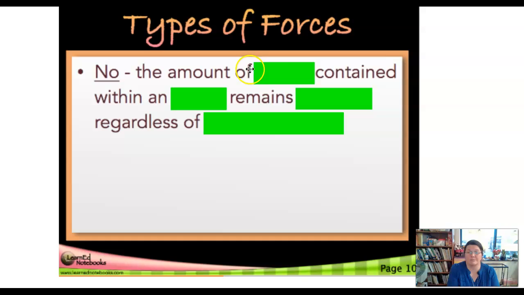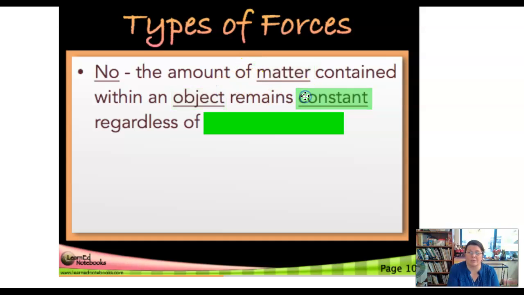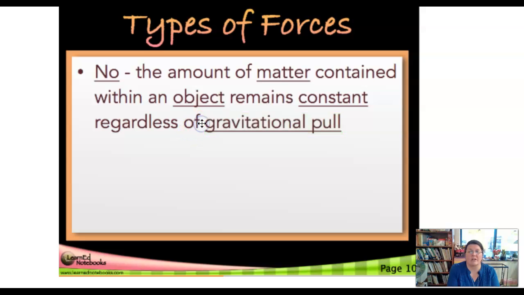No. The amount of matter contained within an object remains constant regardless of the gravitational pull. So just because I may travel to the moon, it doesn't mean that because there's less gravity pulling on me, that suddenly there's going to be less matter in me.